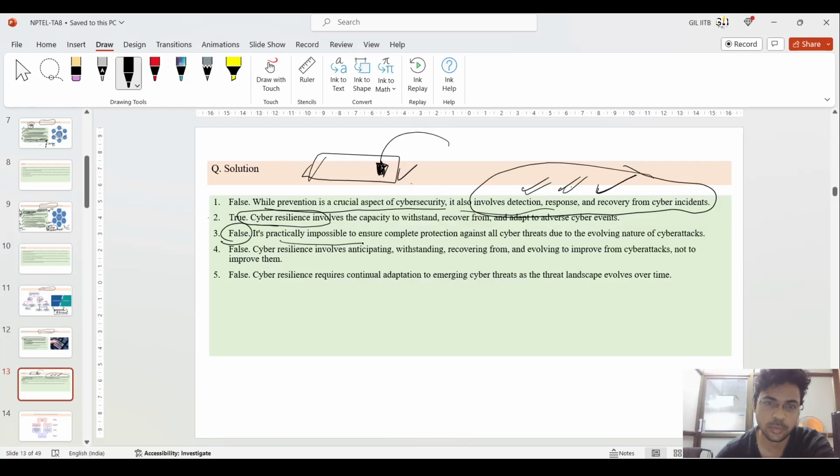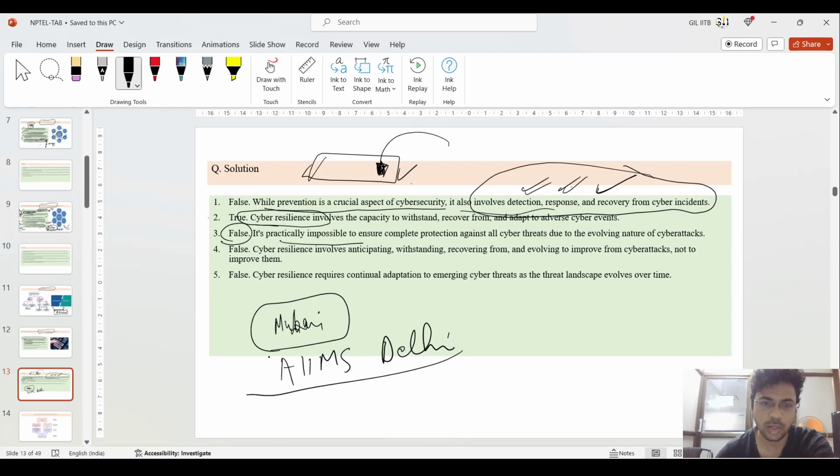Coming to the third statement, that effective cybersecurity measures can guarantee 100% protection against all cyber threats. That is false. Practically that is not possible, because if you see the incidents which happened in India itself, the Mumbai cyber attack, one of the last two years back, and the AIIMS Delhi attack.